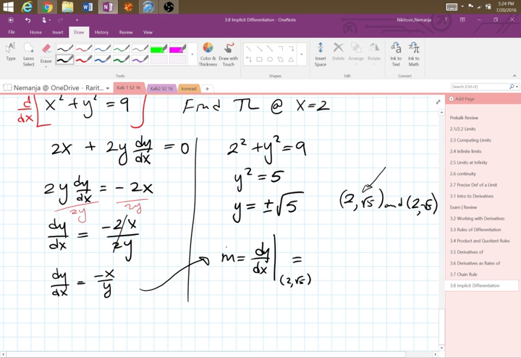All right, so we have the values. We know that the derivative is negative x over y. So that's going to be negative 2 over square root of 5.